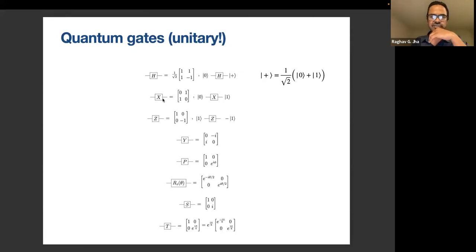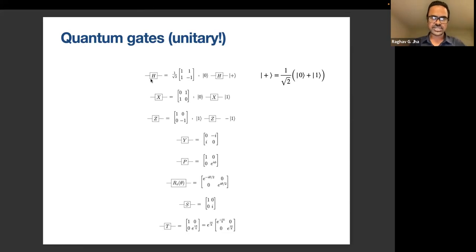And similarly, we have different gates called X, Y, Z. These are just the Pauli gates. These are the matrix representations, 2 by 2 matrix representations. So 0 passing through the X gate will give 1, 1 through Z will give -1, and so on. All these gates you see are one-qubit gates, and that is why they can be represented by 2 by 2 matrices.